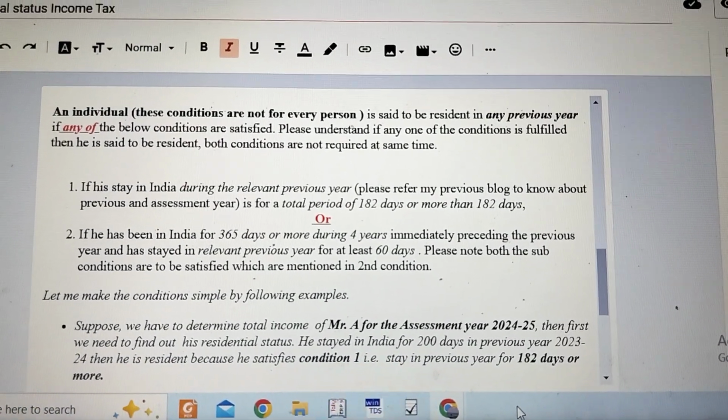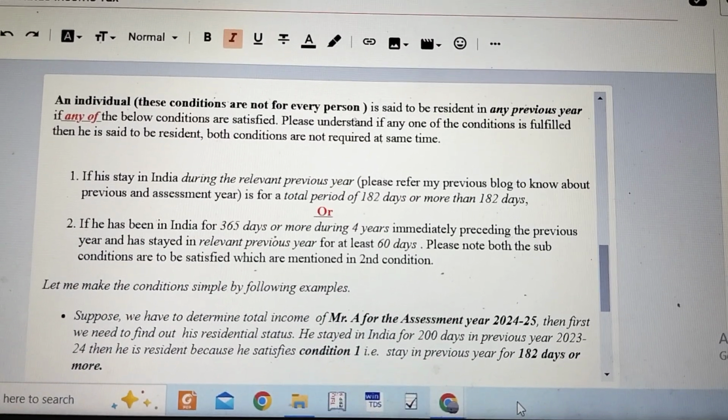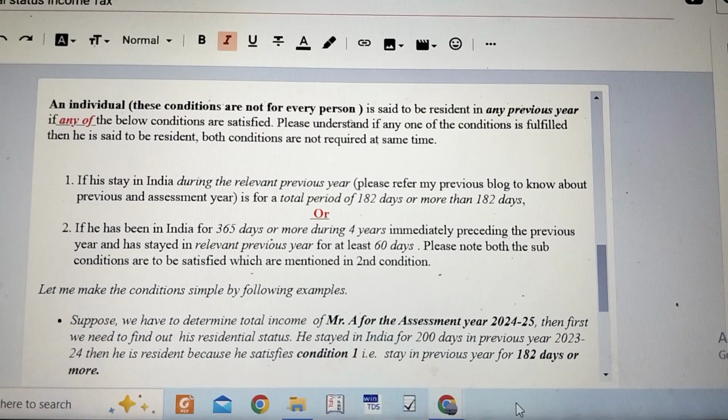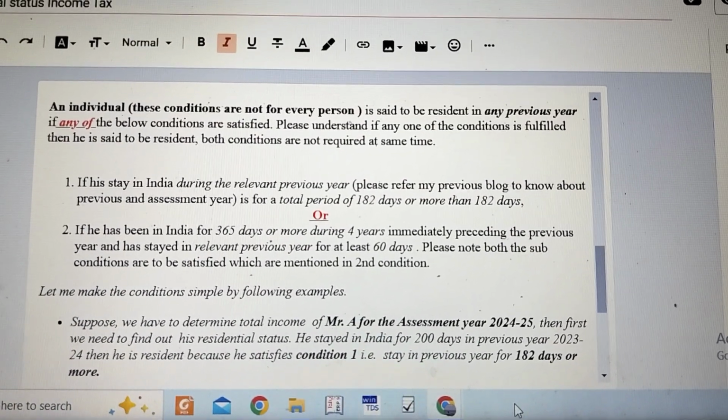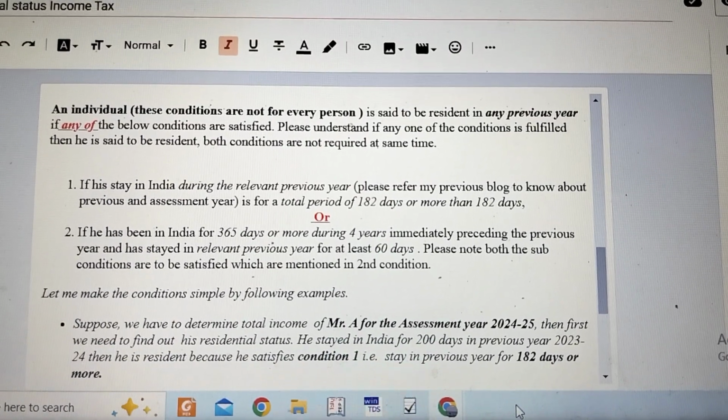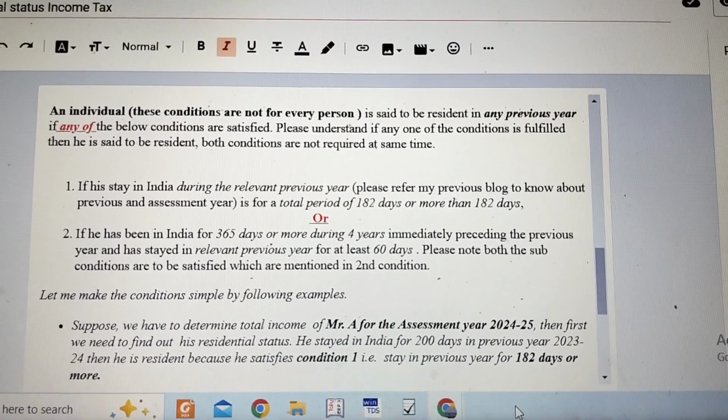Friends, I hope you understood the criteria for how to determine residential status.